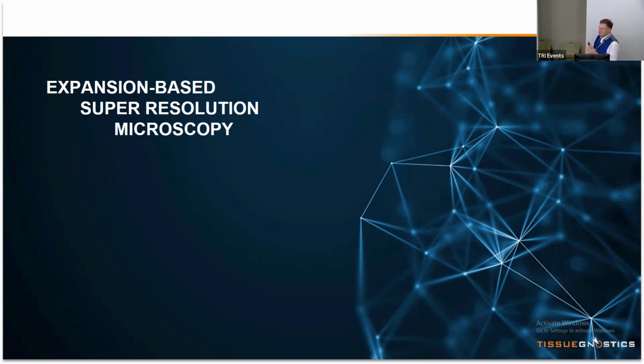You can use, in our case, the spinning disk confocal to do whole slide confocal imaging. You can get a super resolution microscope, which costs maybe $1 million on top of your microscope, or you use other technology, which is called expansion microscopy.